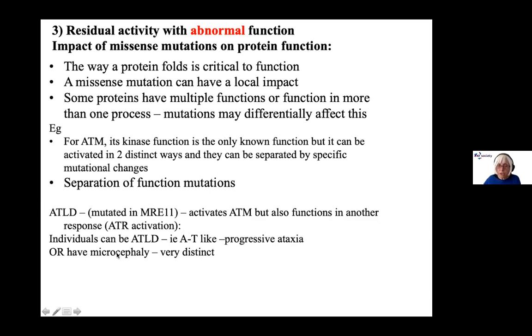But there are other mutations in this same protein, same gene, which don't look at all like AT. They don't have progressive ataxia. They have microcephaly, small heads, a completely different area of the brain where there's a problem. Very distinct, but mutated in the same protein, the same gene, and they're called separation of function mutations. You can get some aspects of that with AT too. Some mutations may affect one bit of the protein rather than another bit.